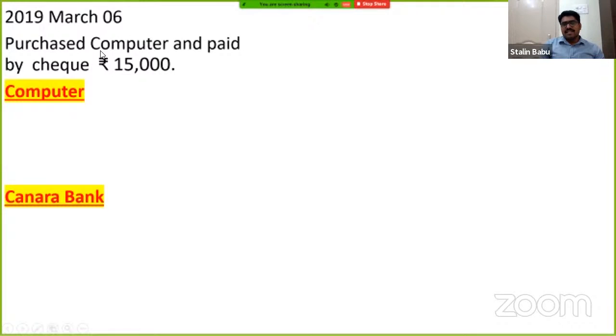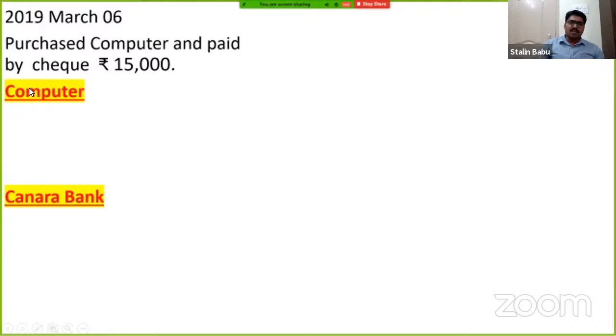We take the purchase account only when we purchase goods. So what is coming into the business? Computer. Who is paying? Canara Bank, as we are paying by check. So we identified the accounts: computer account and Canara Bank account.